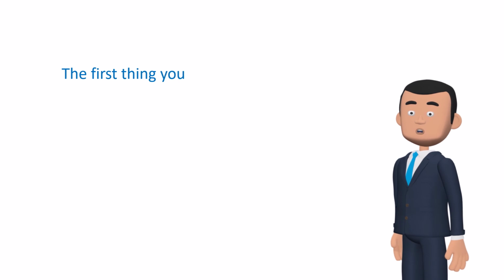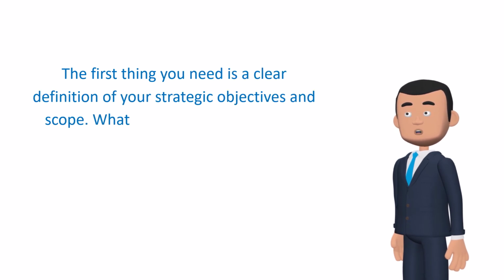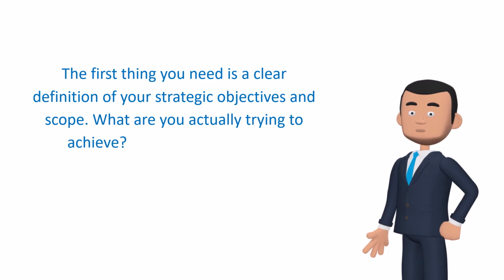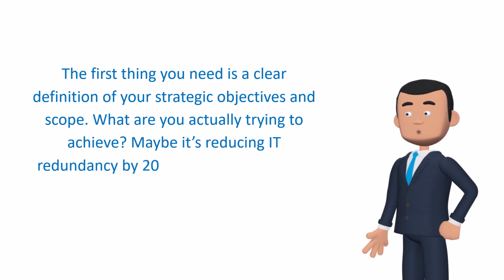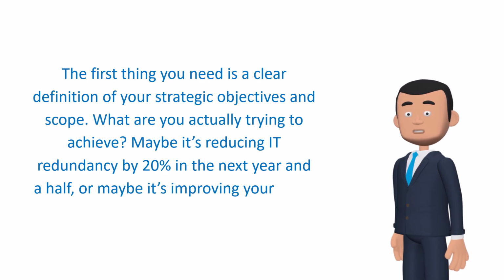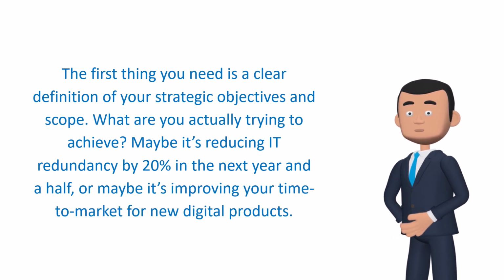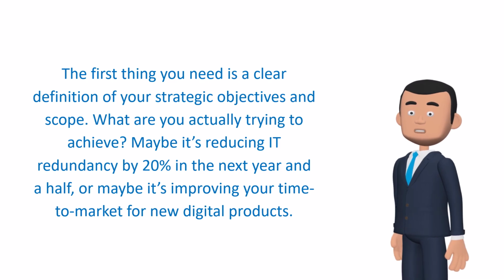The first thing you need is a clear definition of your strategic objectives and scope. What are you actually trying to achieve? Maybe it's reducing IT redundancy by 20% in the next year and a half. Or maybe it's improving your time to market for new digital products.